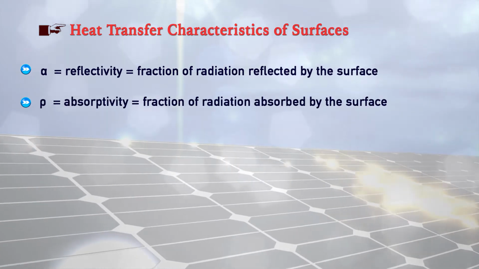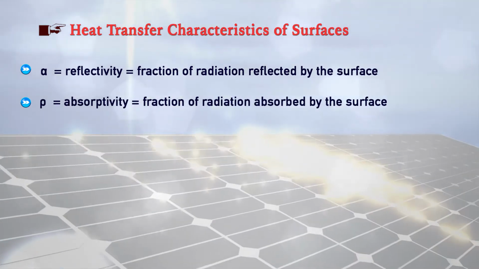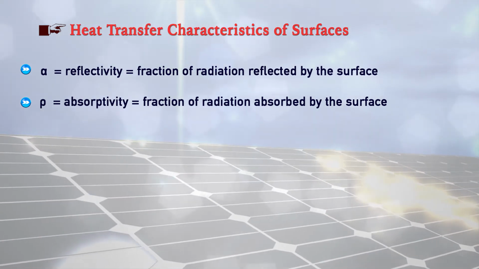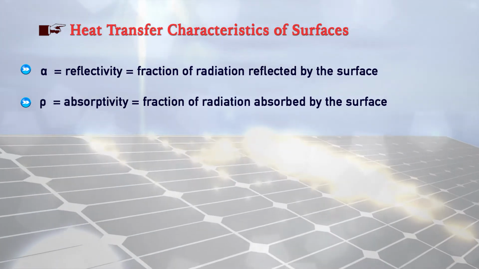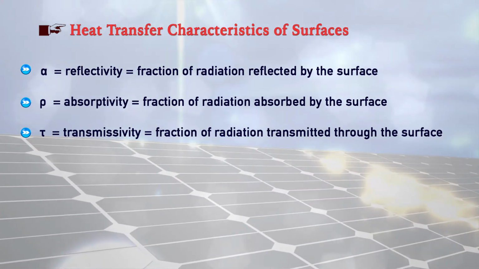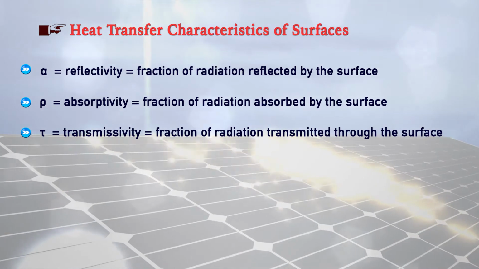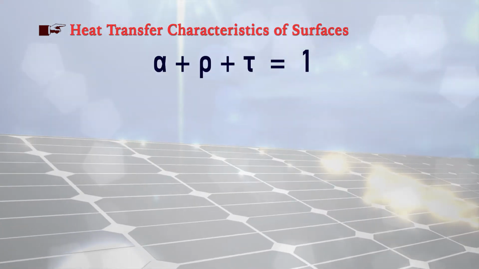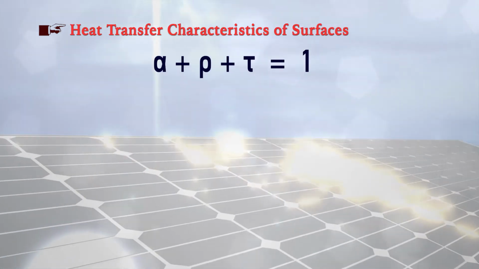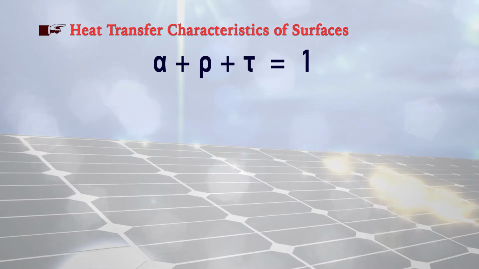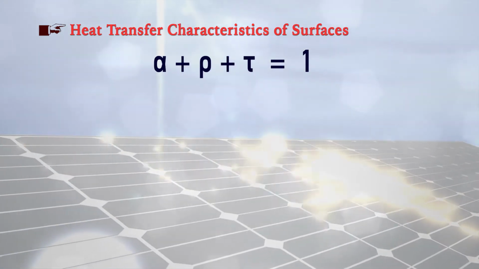Alpha is the absorptivity, the fraction of the radiation absorbed by the surface. And tau is the transmittivity, the fraction of radiation transmitted through the surface. So you can write alpha plus rho plus tau is equal to 1. That means absorptivity, reflectivity and transmittivity sum to 1.